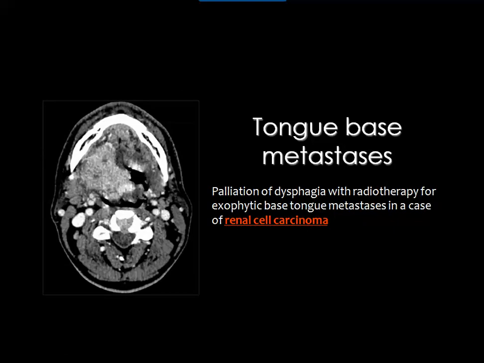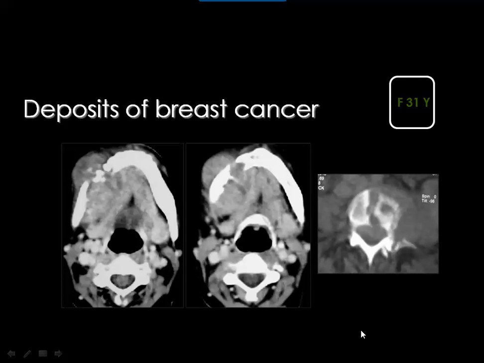And the tongue, being rich in blood supply, is prone to metastatic disease, and the metastasis has no specific imaging findings, but you can predict that these are metastases by knowing that the patient had a primary malignancy. And in this patient who has a renal cell carcinoma, a mass developed in the base of the tongue and the mouth floor, encroaching on the oral cavity, and this was proved to be a metastatic deposit.